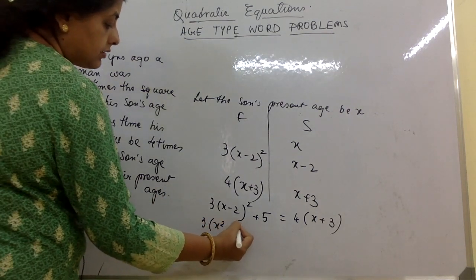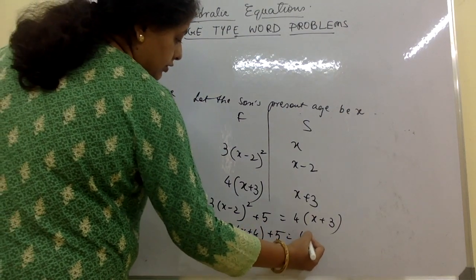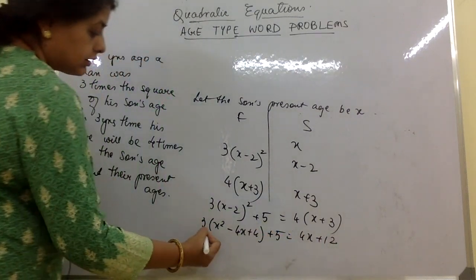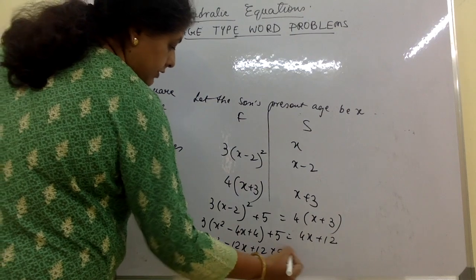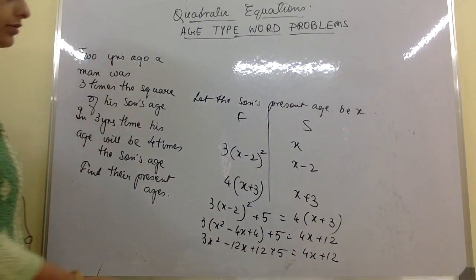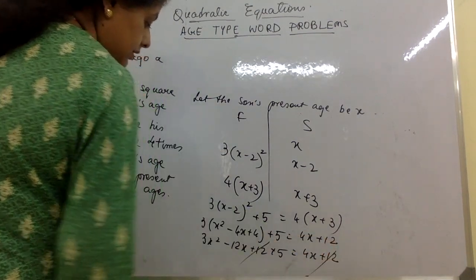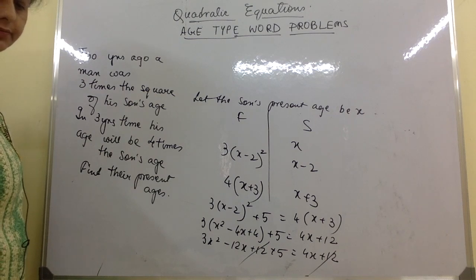3 times x square minus 4x plus 4 plus 5 is equal to 4x plus 12. 3x square minus 12x plus 12 plus 5 is equal to 4x plus 12. Okay. Now cut this. How much is it? So how much am I getting?